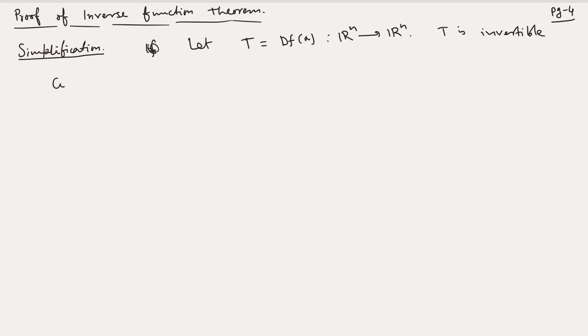Now consider T inverse composed with f. This is again a function from Rn to Rn, so that the derivative of T inverse composed with f at the point A is equal to identity by chain rule.